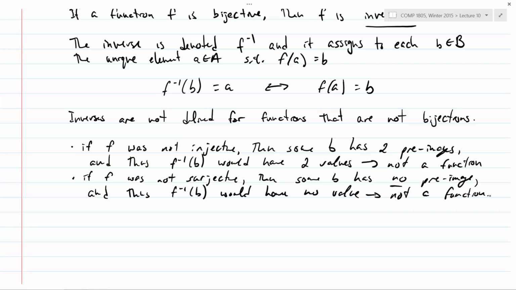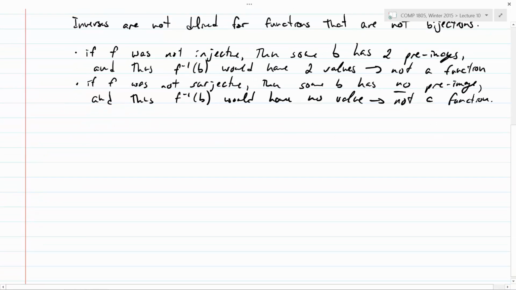All right. So the inverse can be found just like we did with those surjective examples, except now we also require it to be injective, otherwise the result won't be a function.